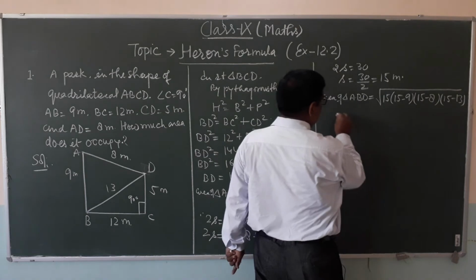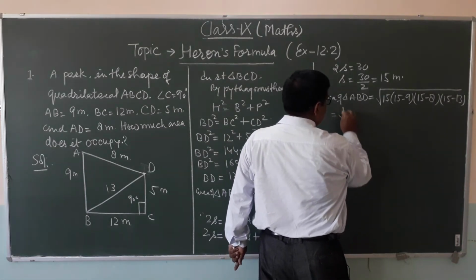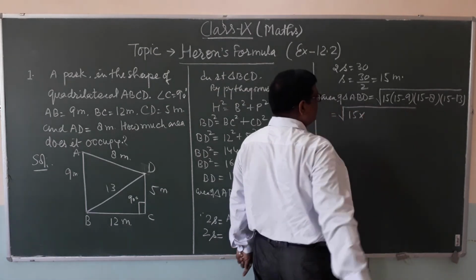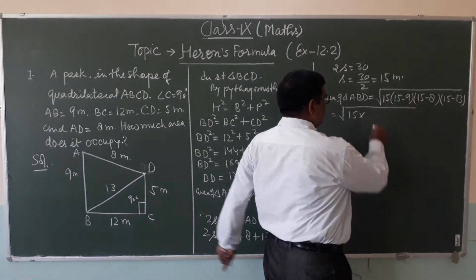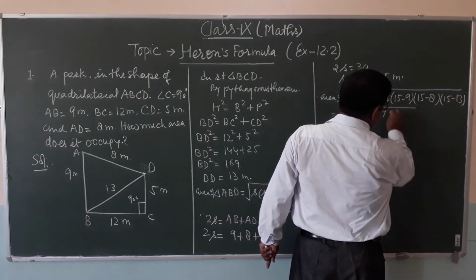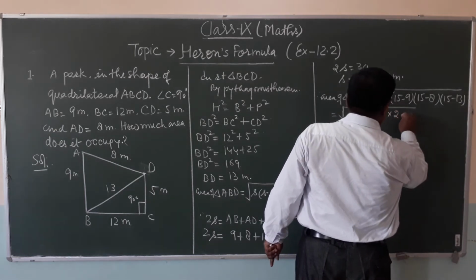So here square root of 15 into 6 into 7 into 2.